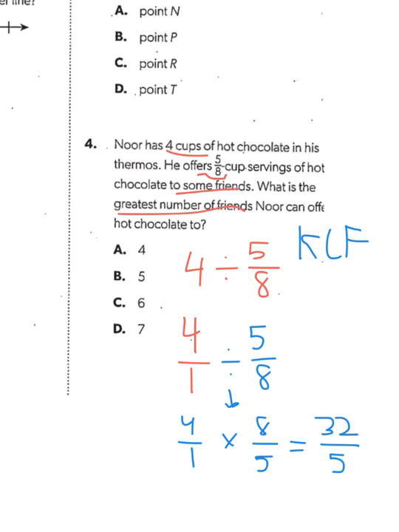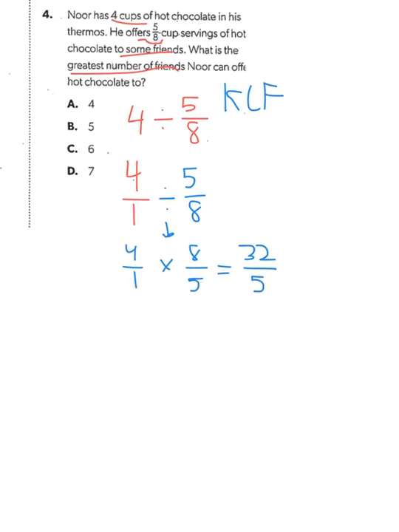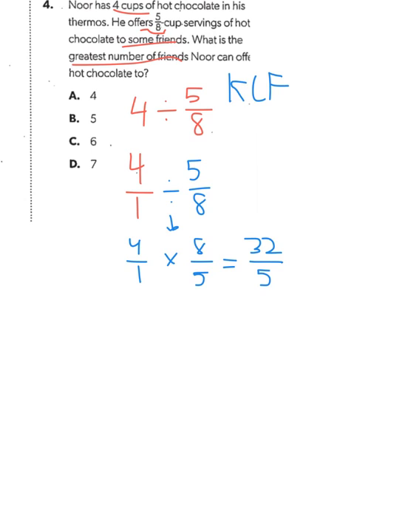Right? So yeah, this problem actually requires some work here, especially since I rewrote it. But let's do it real quick. 32 divided by 5. We know 5 goes in there 6 times, right? 5 times 6 is 30. I get 2, so my remainder becomes my numerator, and this becomes my denominator.